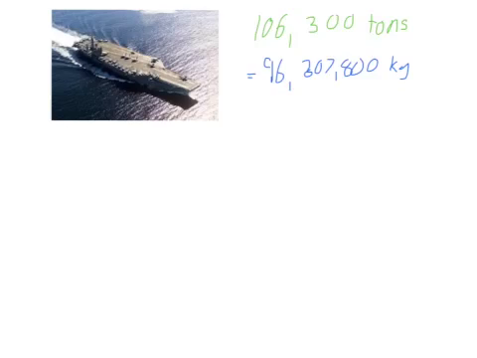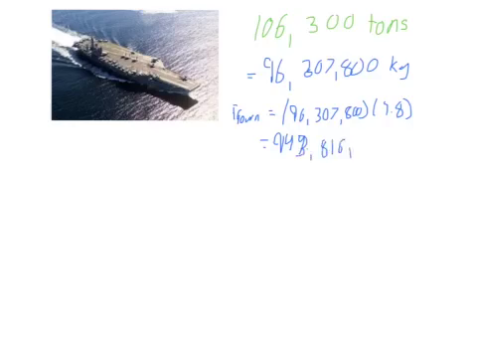So now with this weight, with this mass, we can also then calculate the downforce on the boat, which is going to be that number, 96,307,800 times 9.8, which gives us 9,416,440 newtons.